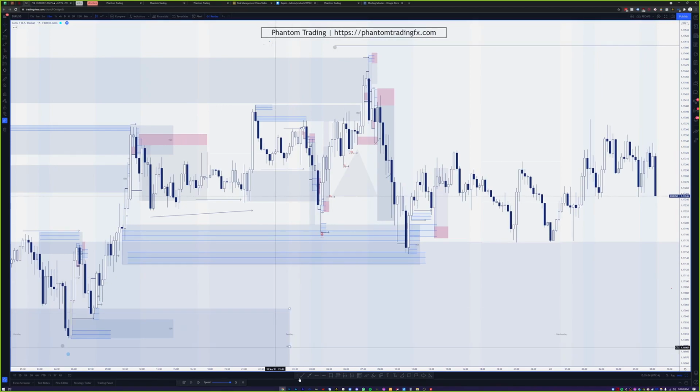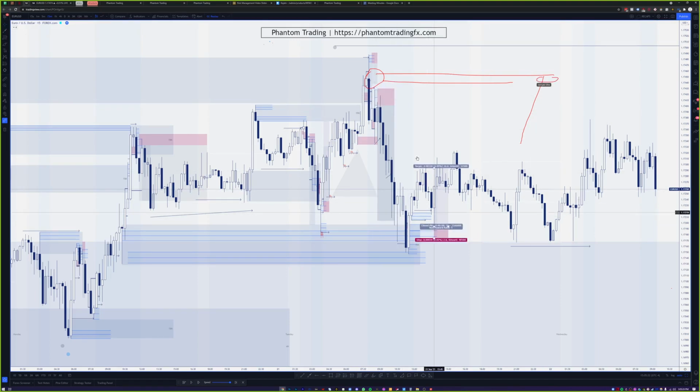About the entry. So imagine if we are in London here, and the entry model here, and only tomorrow we'll reach that place. Will you enter, or is it too late to enter on that? So are you saying we have a POI marked out here and we tap into it in London?